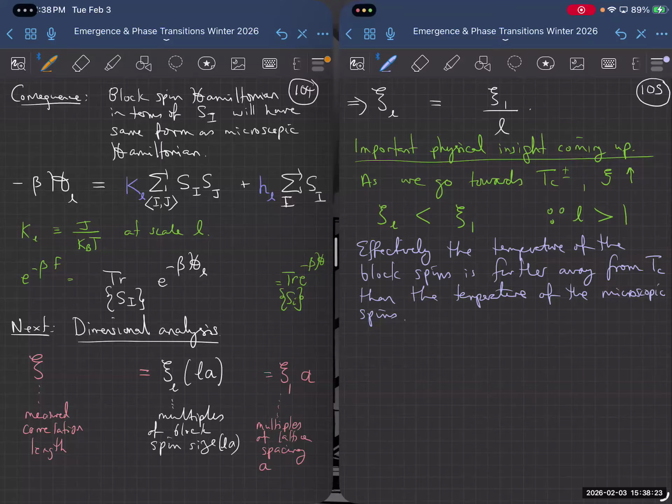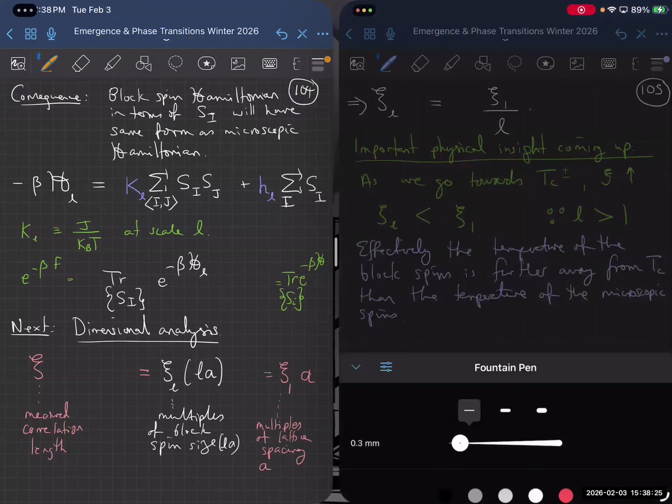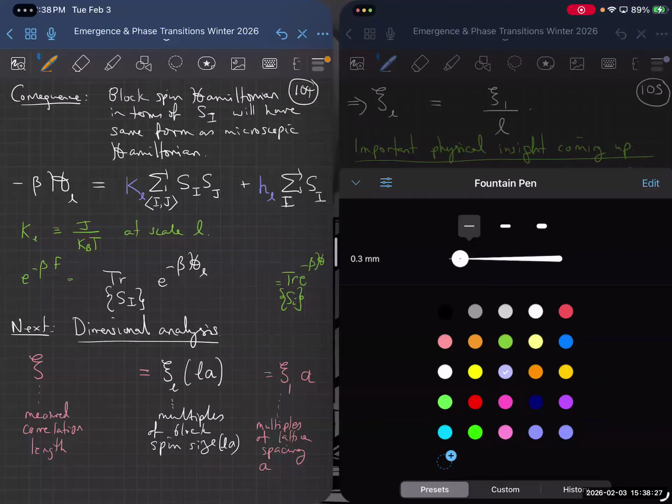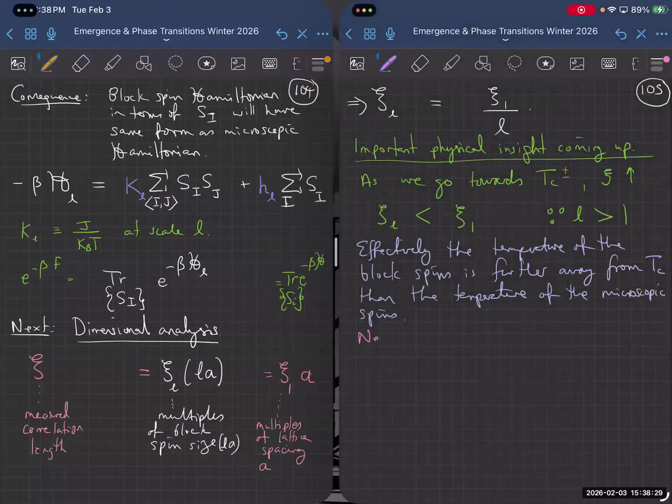And so that means that we have a new effective reduced temperature, where TL is going to be greater than our microscopic little T1.